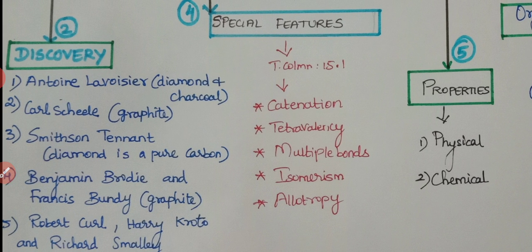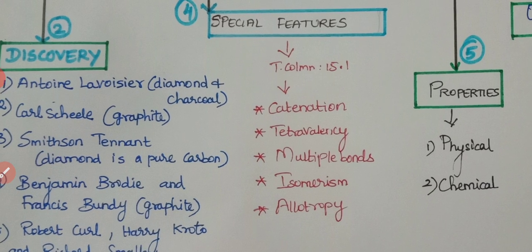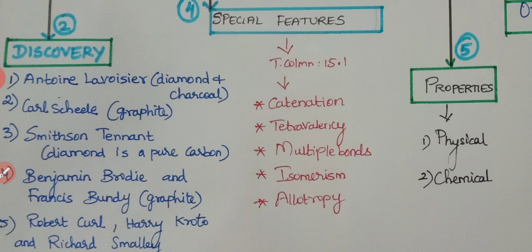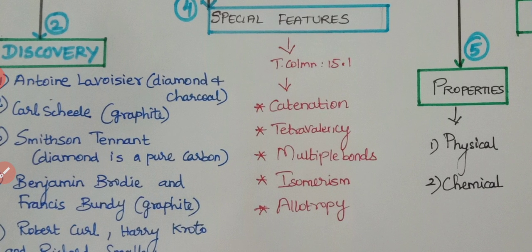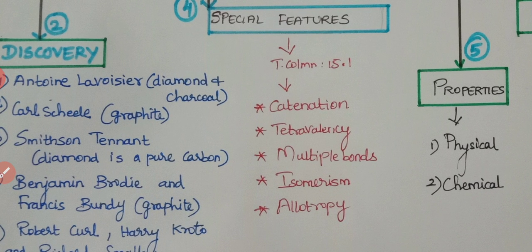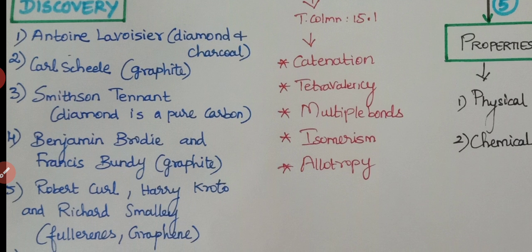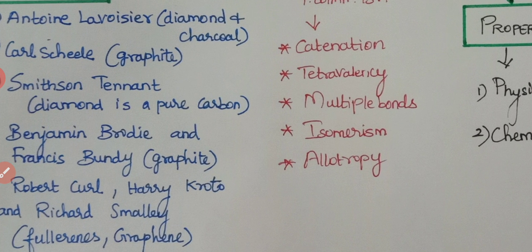Then Carl Scheele found out graphite is also a form of carbon. Then Smithson Tennant found that diamond is pure carbon. Then Benjamin Brodie and Francis Bundy again classified and clearly explained that graphite is a pure form of carbon.